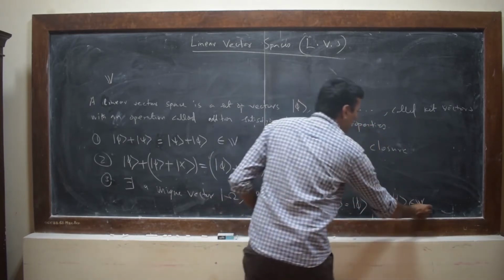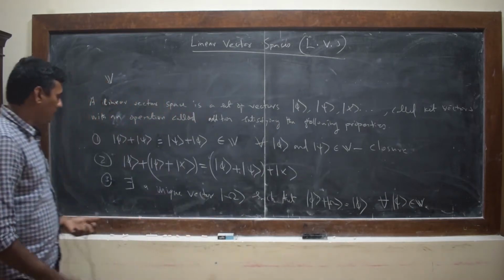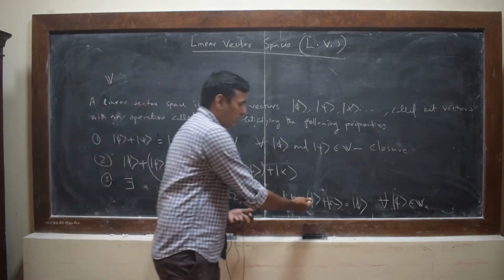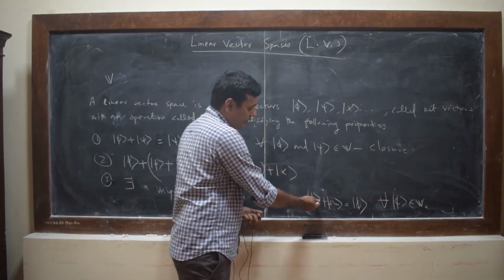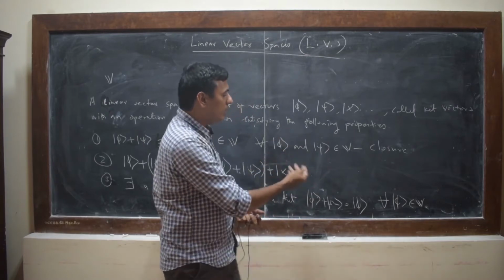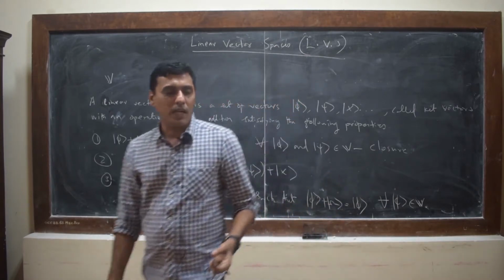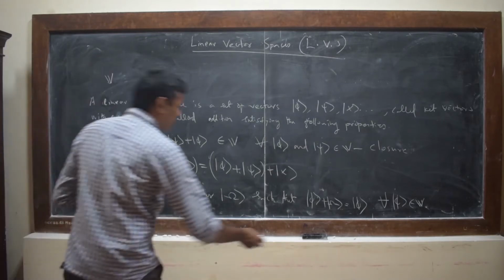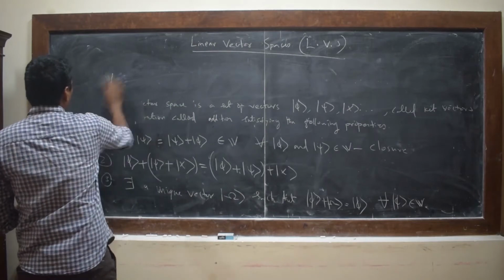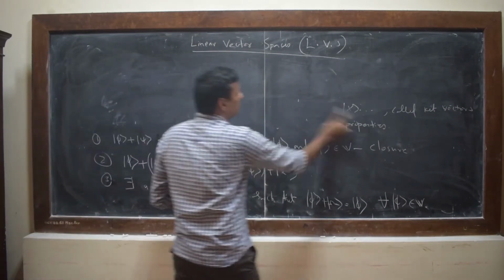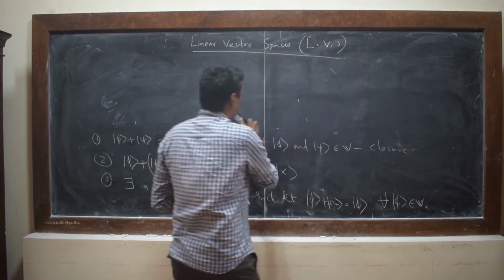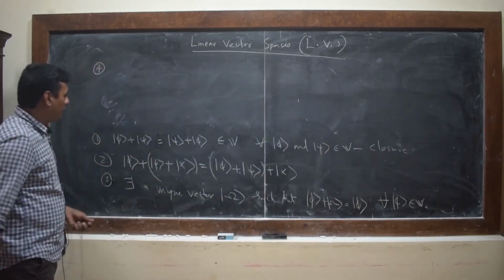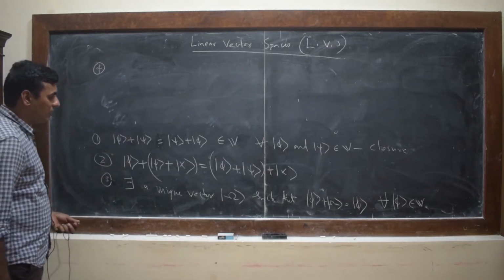This is the existence of the identity element. So there should be a vector omega such that if you add omega to any vector phi, it is equal to phi itself.